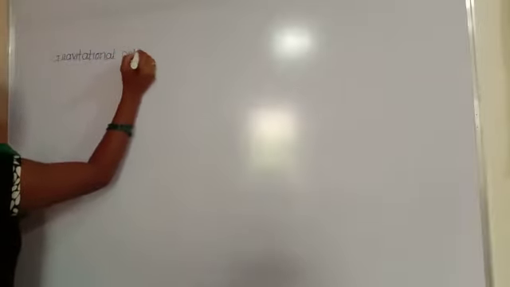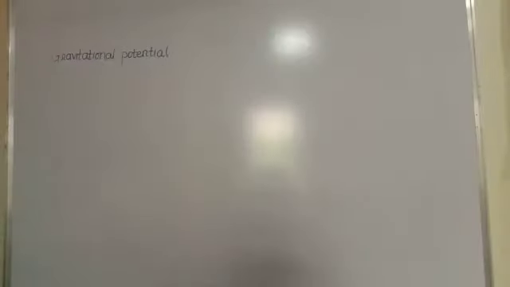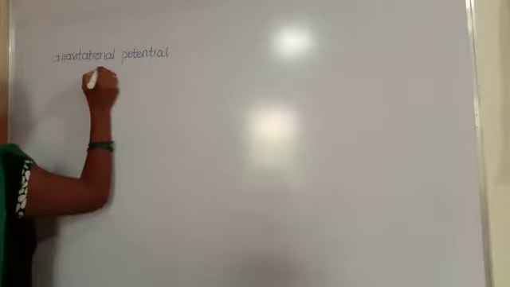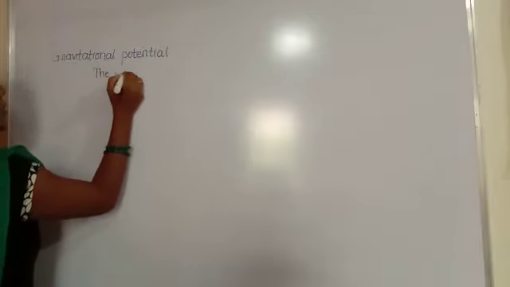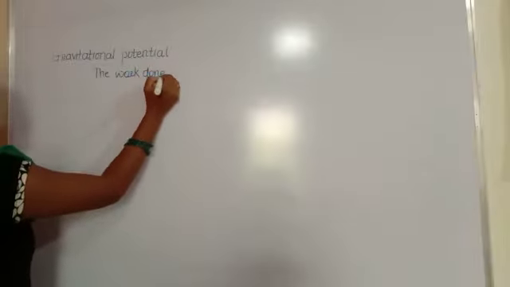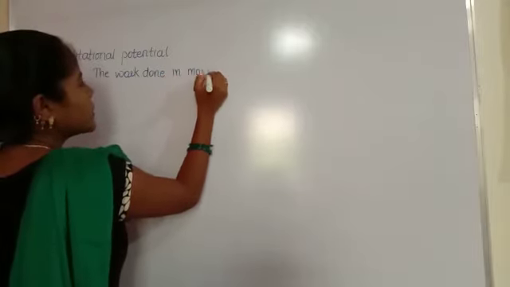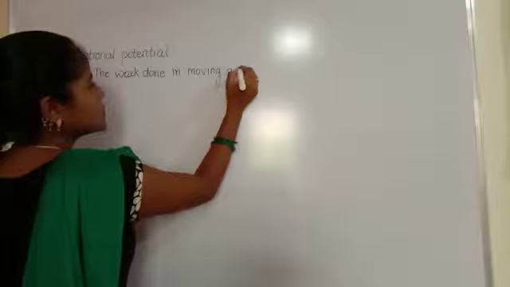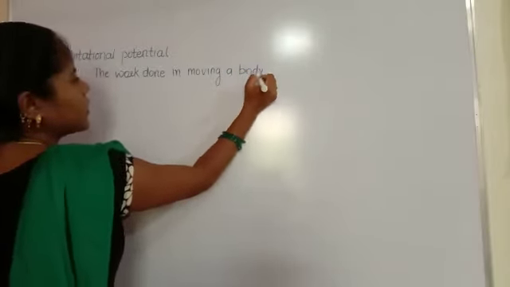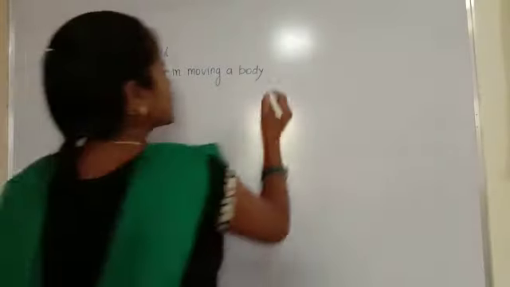The gravitational potential at any point is defined as the work done in moving a body of unit mass.